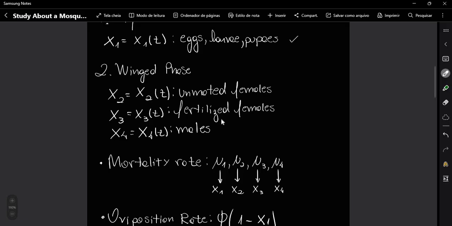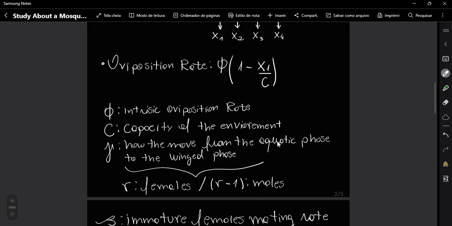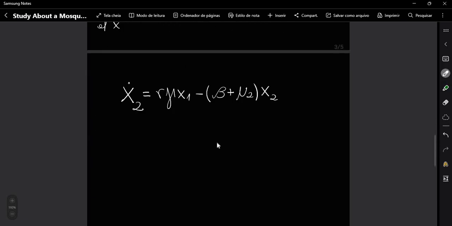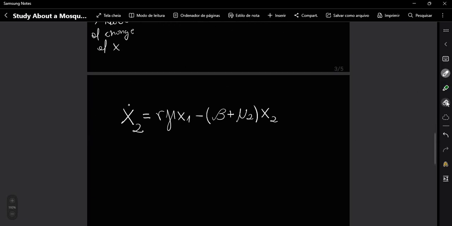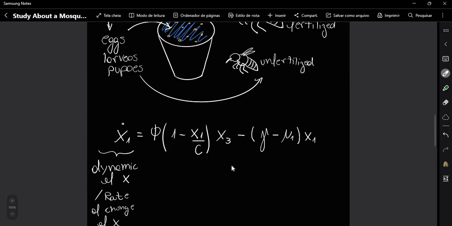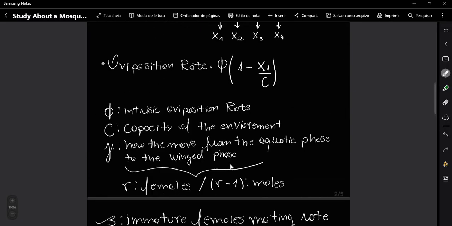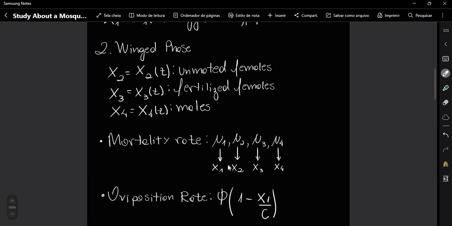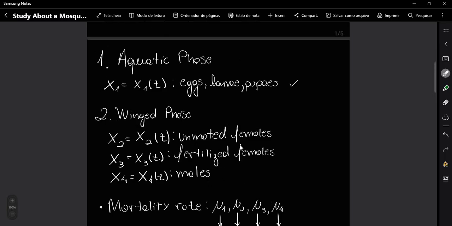So it's the females that did not mate. First, let's see all the variables and rates related to this second stage of development of the mosquito.